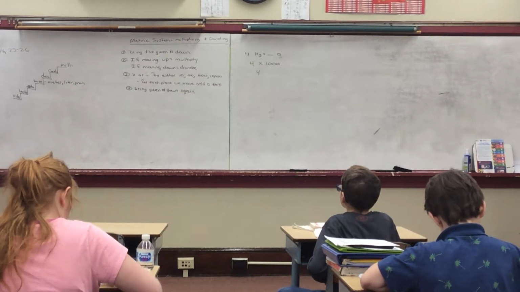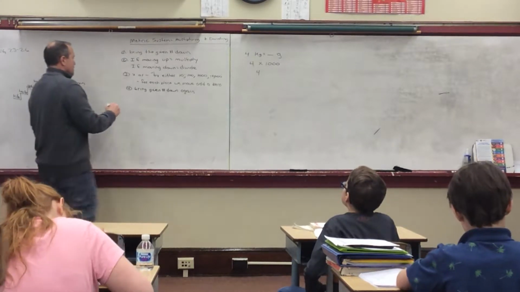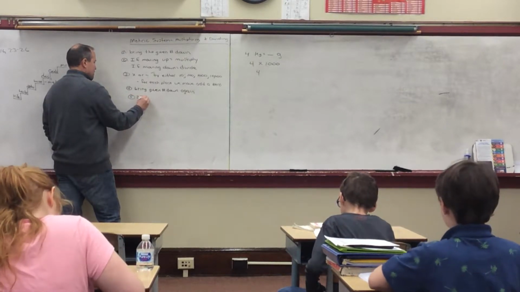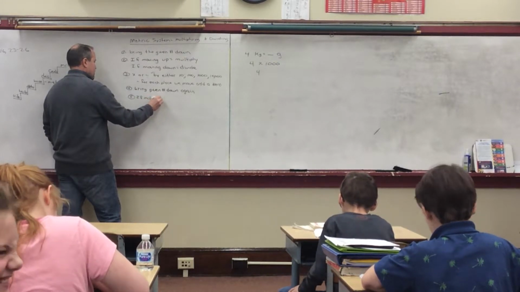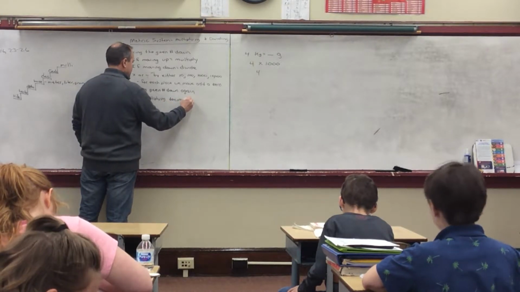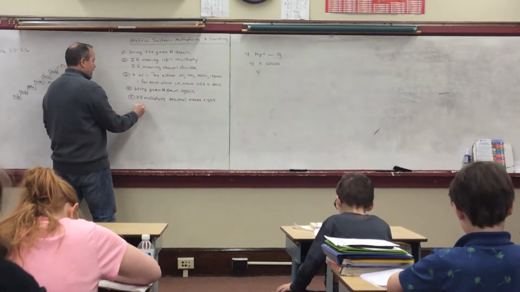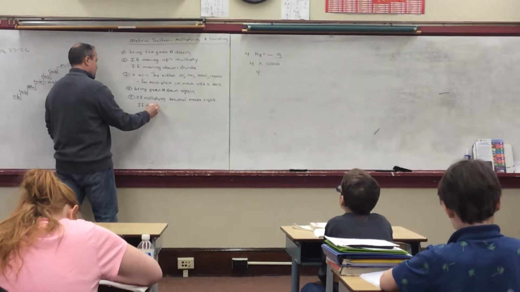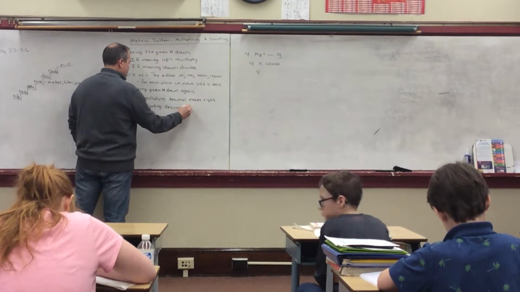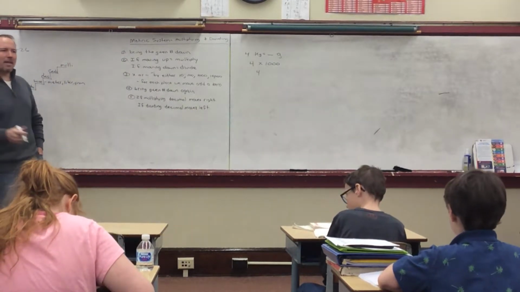Now, if we are multiplying, the decimal is going to go to the right. Guess what? If we're dividing, decimal moves to the left. And it's going to move right or left one place for every 0.